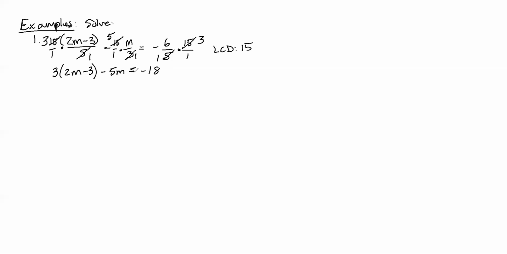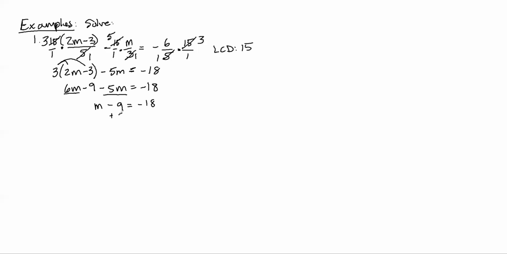And now we have a nice linear equation to solve, so let's go ahead and distribute. And we get 6m minus 9 minus 5m equals negative 18. Let's combine our like terms here. So we get m, or 1m, minus 9 equals negative 18.